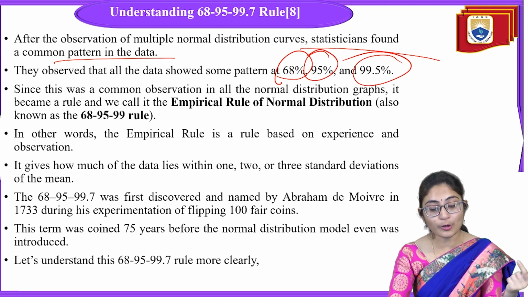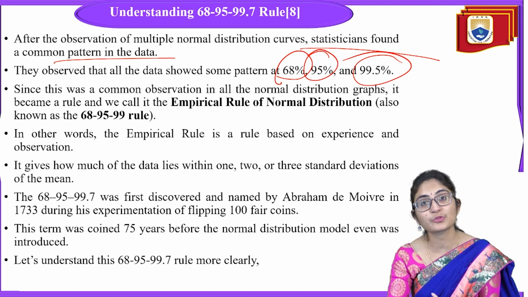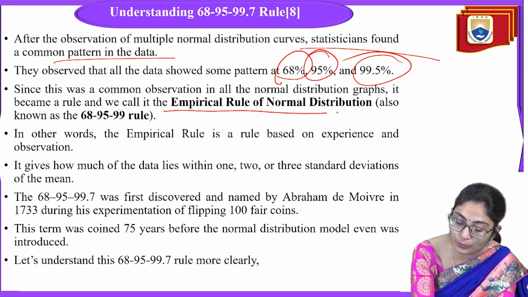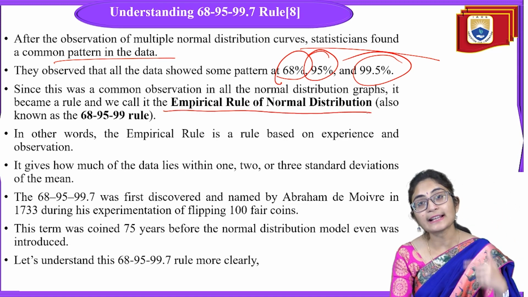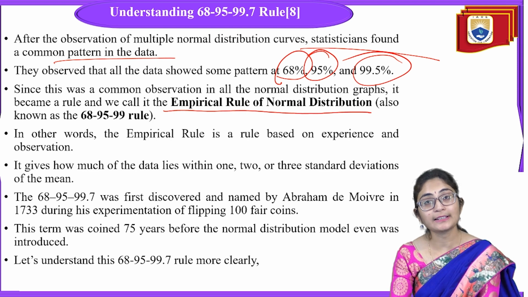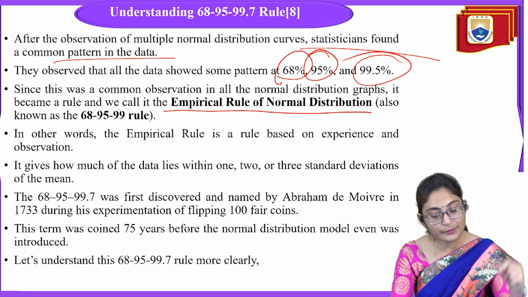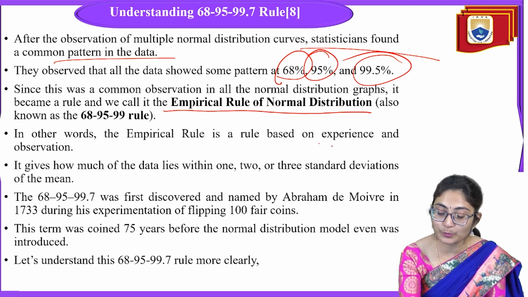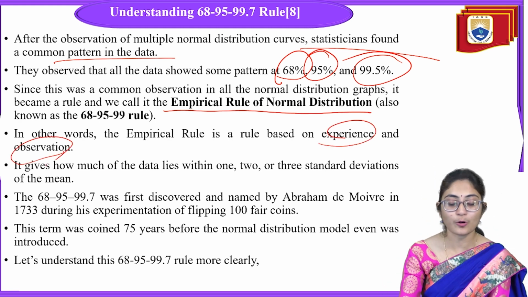This was a common observation in all normal distribution graphs, and it became a rule. We call it the empirical rule of normal distribution, the 68, 95, 99.7 rule. In other words, the empirical rule is based on experience and observation.